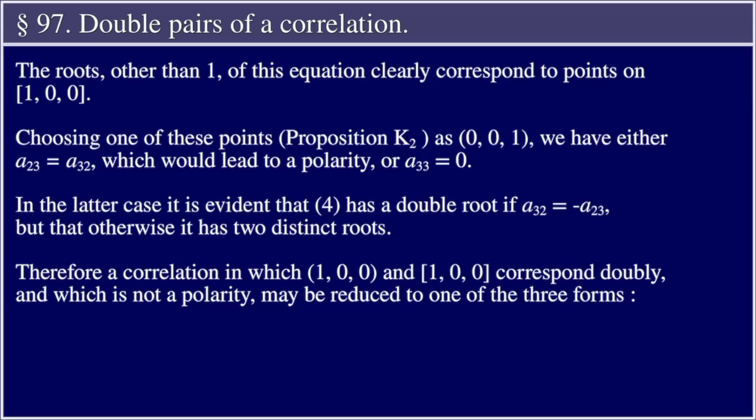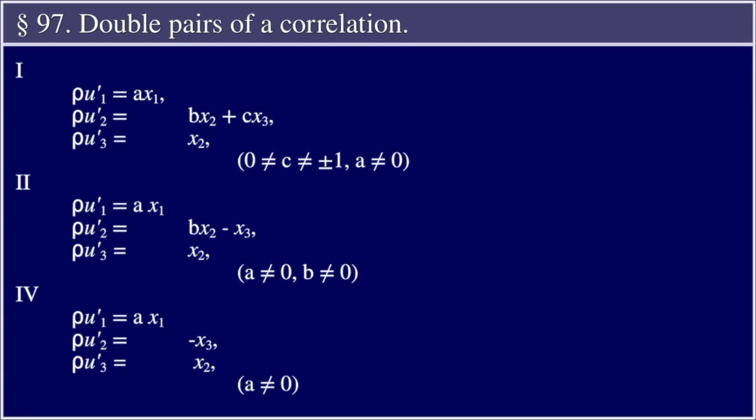Therefore, a correlation in which the point 1, 0, 0 and the line 1, 0, 0 correspond doubly and which is not a polarity may be reduced to one of the three forms. Form 1. Rho u1 prime equals ax1. Rho u2 prime equals bx2 plus cx3.